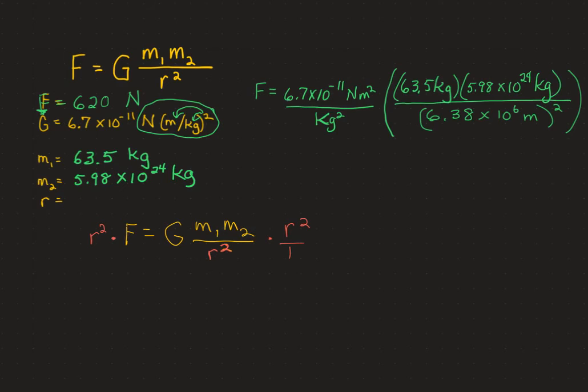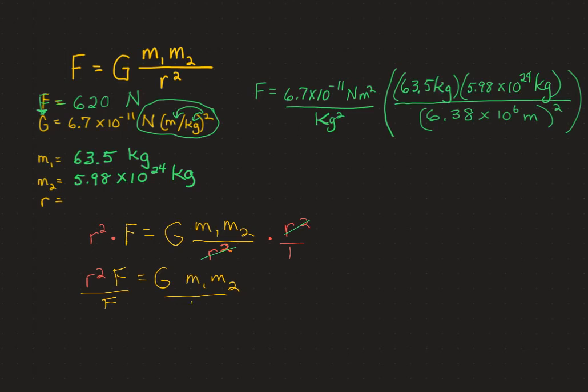So now, what we have here is r squared times capital F equals G. Remember that these have canceled. So we just have G times M1 times M2. Okay, so we still have this F that's in the way.